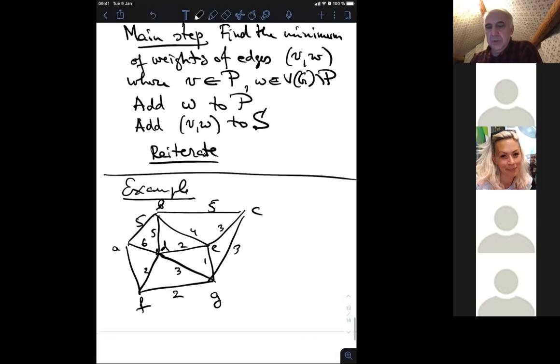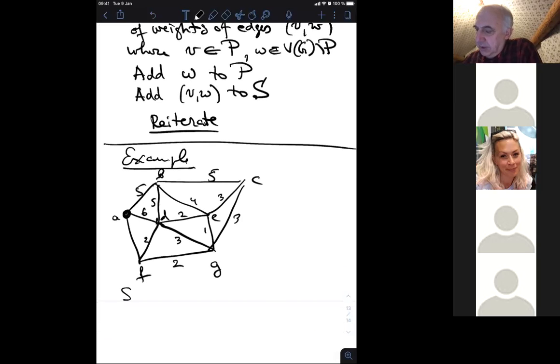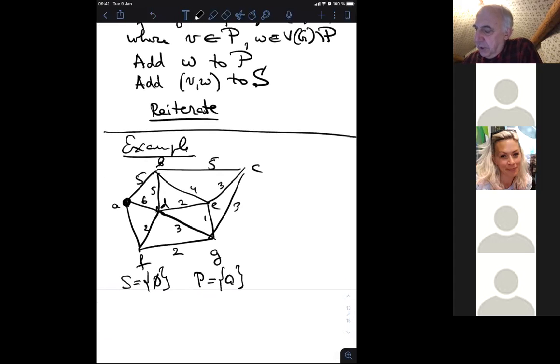So let me start with A. So S is empty and P is A. Okay, so I'll be choosing from A, step 1. From A, I'll be choosing which edge has the least weight.